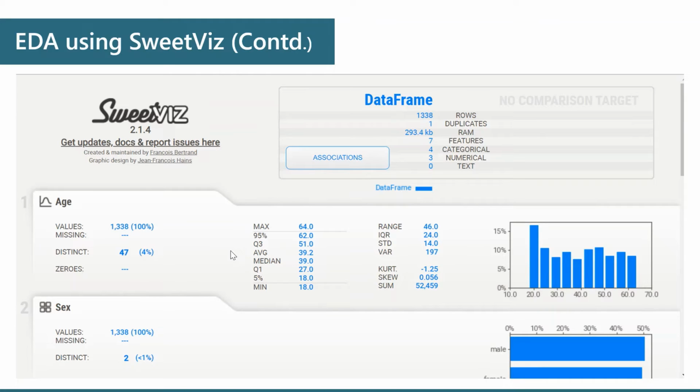Here at the bottom we can see the minimum 18, which means that the minimum aged person is of age 18, and the maximum age is 64. Next we have the 5th percentile and Q1, that is quartile 1, which is nothing but the 25th percentile.